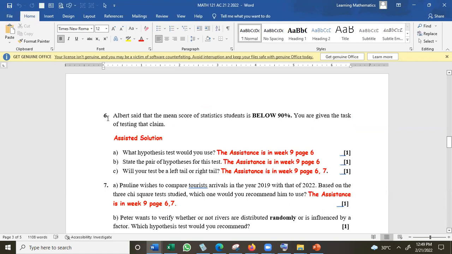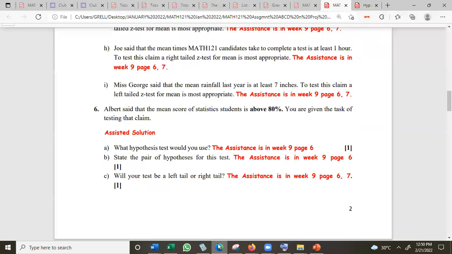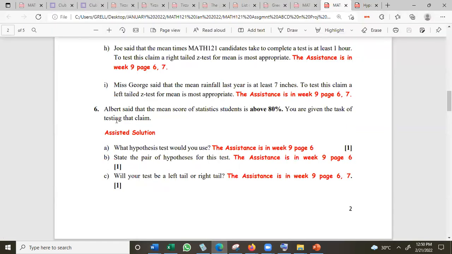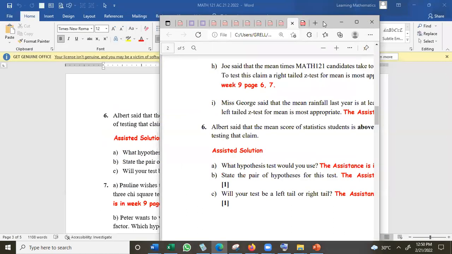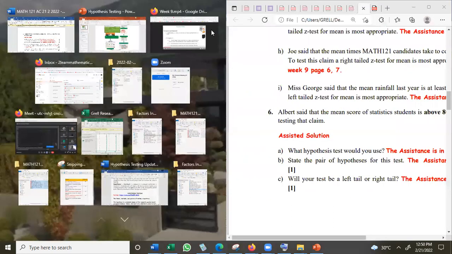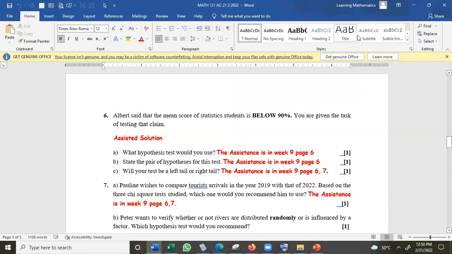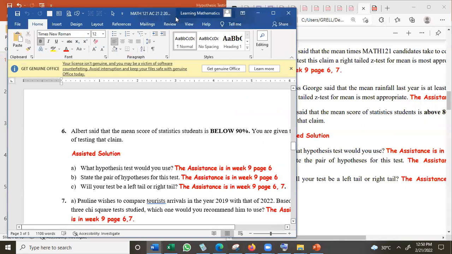If you see number 6 on my worksheet, it says Albert said that the mean score of students is below 90%. What does number 6 say in the assignment? Albert said that the mean score of students is above 80%. So whilst the assignment says above, the worksheet says below.